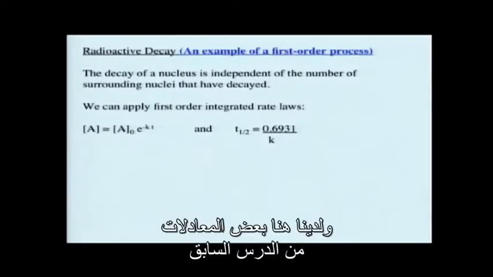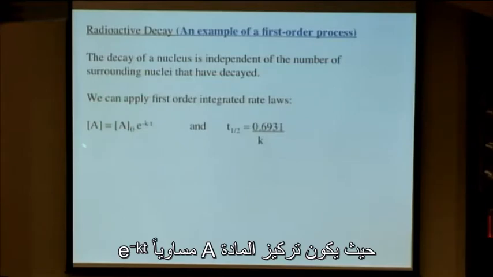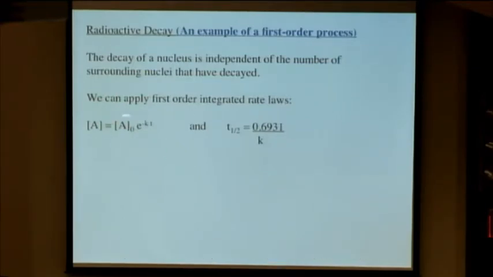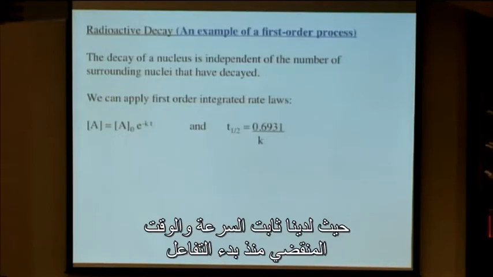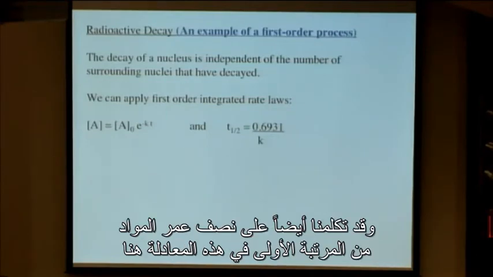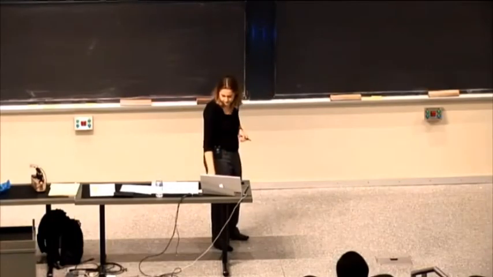Here are some of the equations we had last time. This is a different expression of the first-order rate law, where the concentration of material A at some particular time equals the original concentration times e to the minus kt, where you have your rate constant and the time that has elapsed. We also talked about first-order half-lives with this equation here.